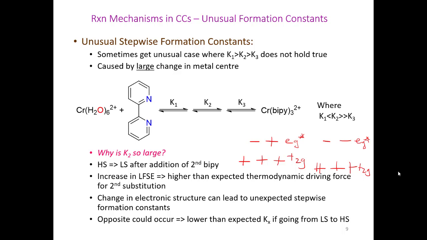That will depend on the relative magnitudes of the stepwise formation constants and what ligands are being swapped out. So are you swapping out a stronger field ligand for a weaker field ligand, or a weaker field ligand for a stronger field ligand?